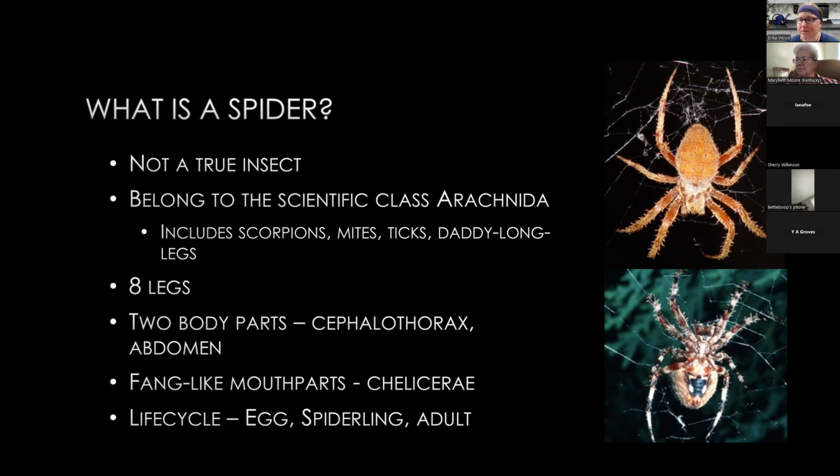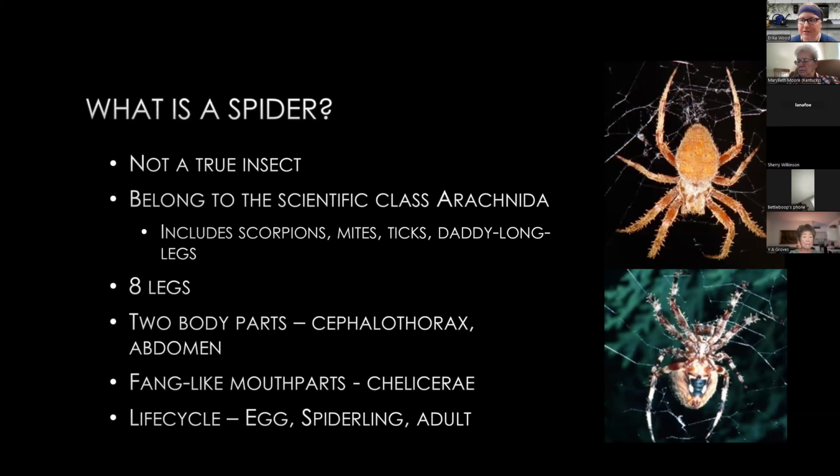As most of us know, they are arachnids. And that class of animals includes things like scorpions, mites, ticks, and daddy long legs. One of the distinguishing characteristics of spiders is they have 8 legs as opposed to 6 legs, which are common with insects.